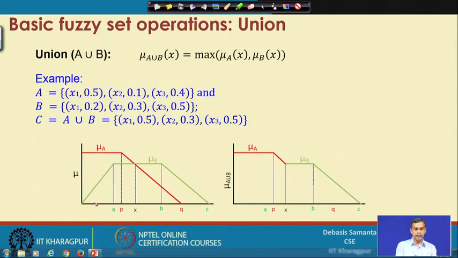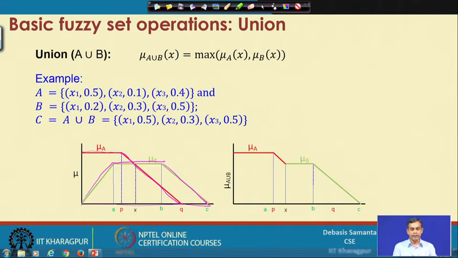Say here, this is the universe of discourse of the two sets, and the fuzzy set A is defined by its membership function for the different elements, which is denoted here. This is the membership function for the fuzzy set A. Similarly, this denotes the membership function for the fuzzy set B.